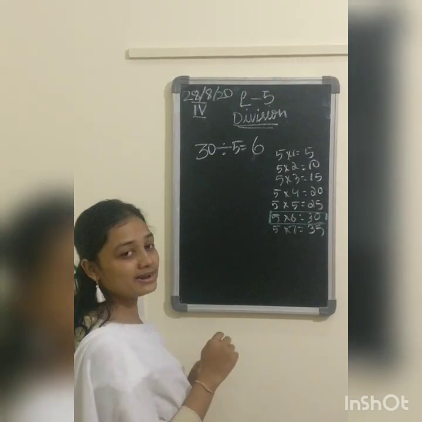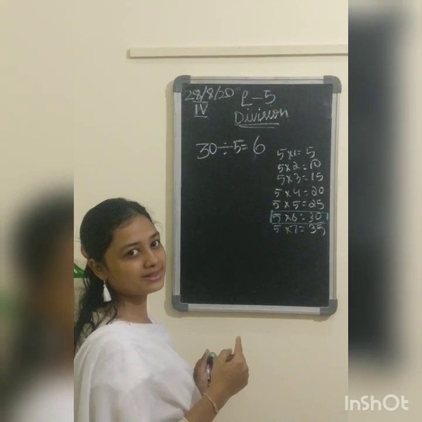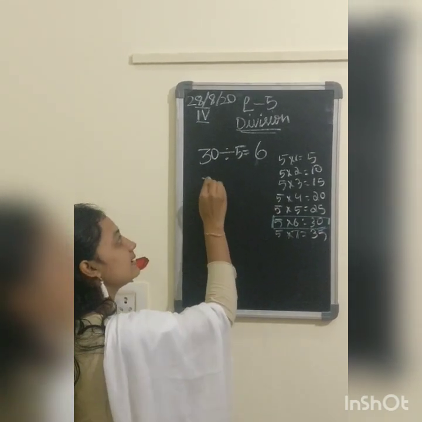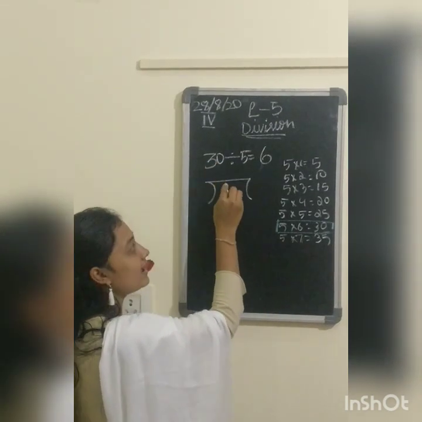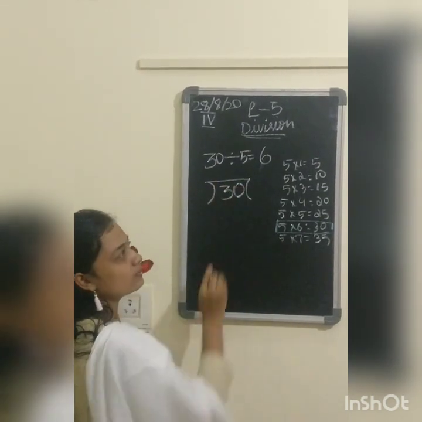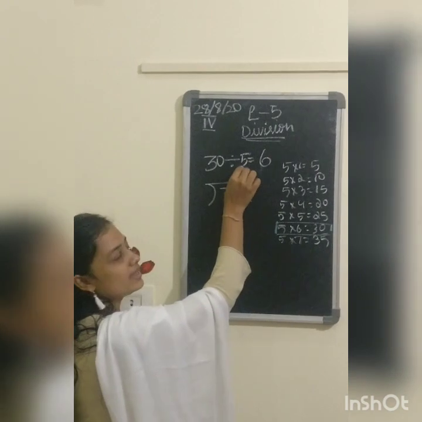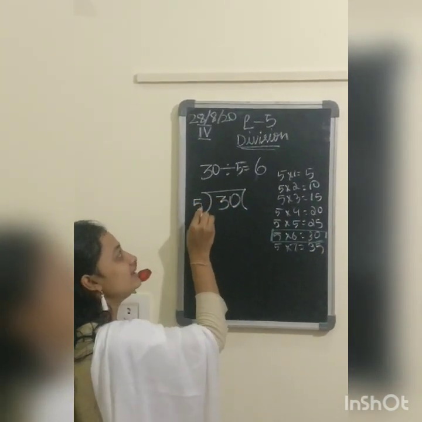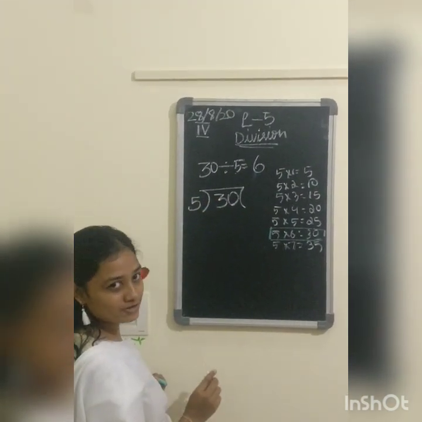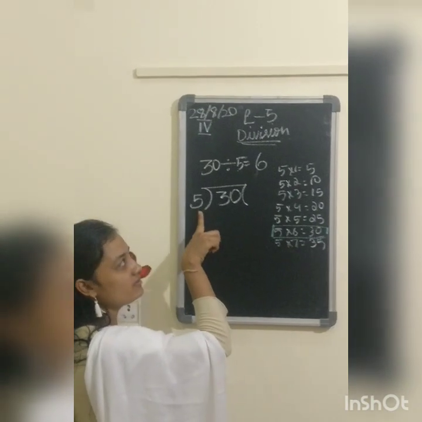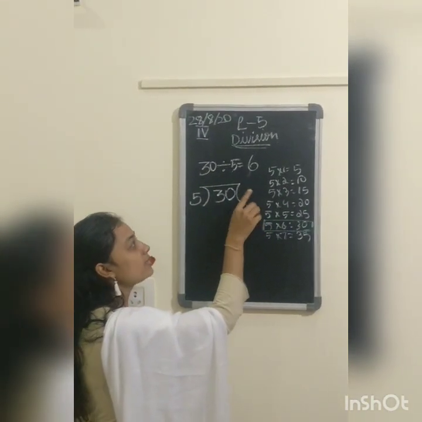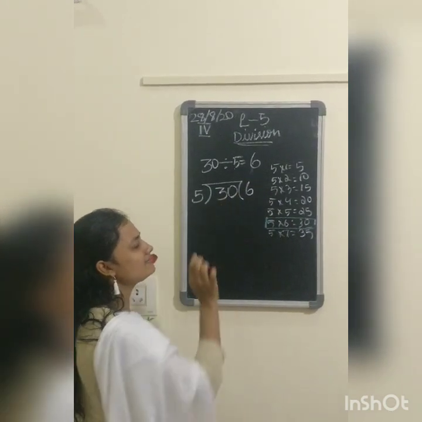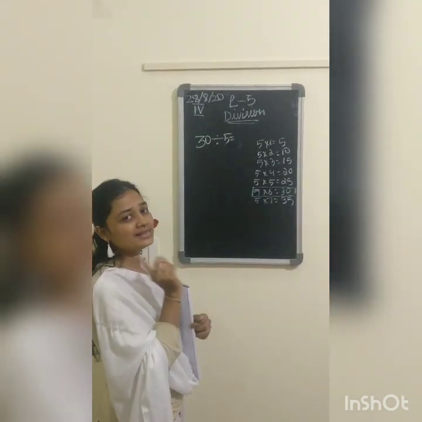So let me show you a long method of doing it. That is, I'm going to take the dividend and write it inside the box. And I'm going to take my divisor and write it to my left side. Now I will write my answer here. Now let us take another number.